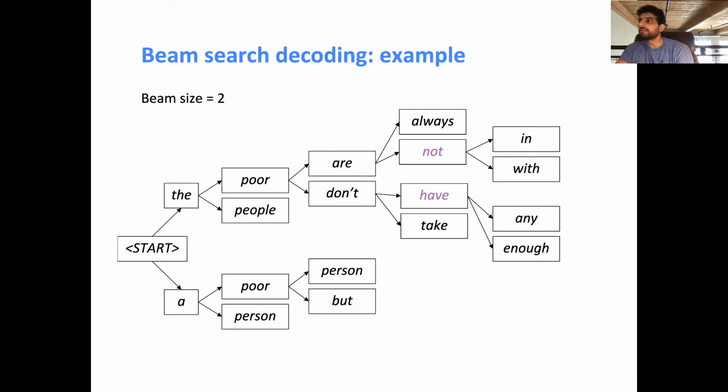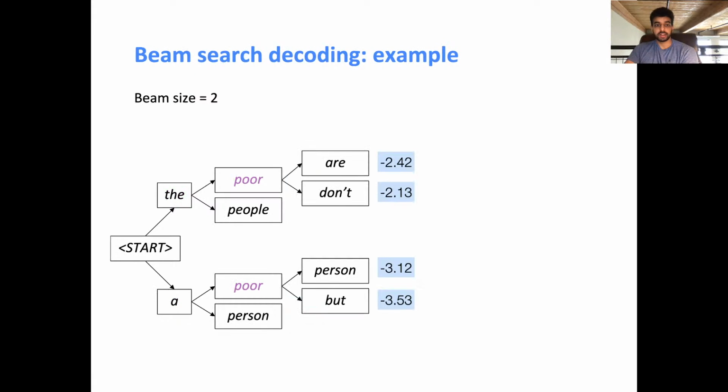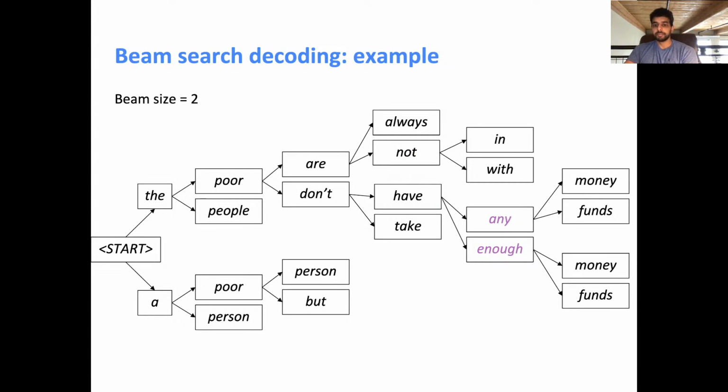Is the log likelihood for the next word just the log likelihood for the next word? Oh yeah, that's a great question. Sorry, I should have mentioned. Yeah, it's cumulative. So this is the probability for the entire candidate translation. And so this process makes it such that beam search is kind of biased towards shorter sequences, right? Because of course you can imagine if you expand with the chain rule, I'm multiplying probabilities with each other.